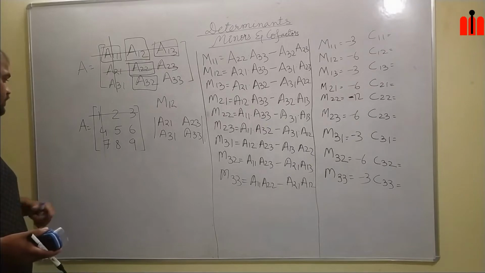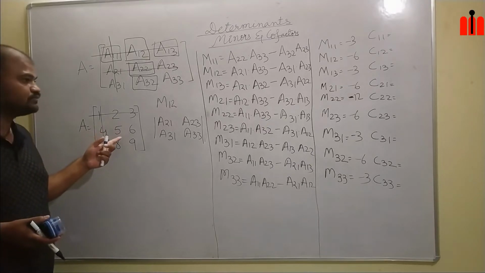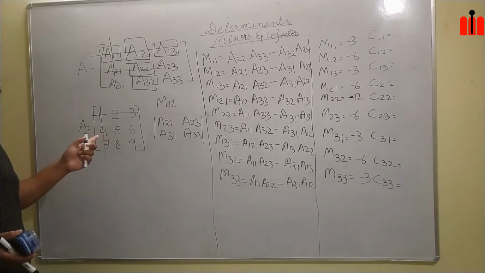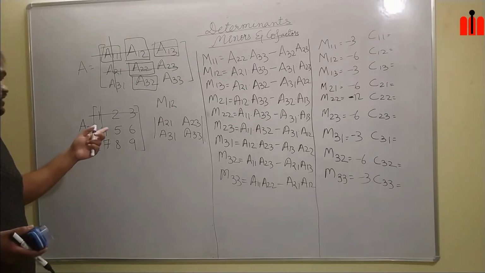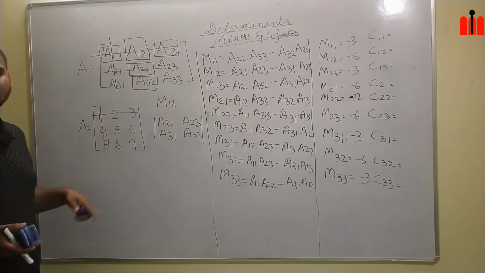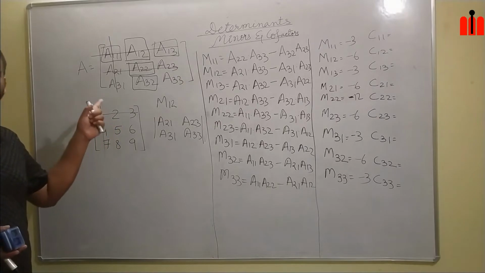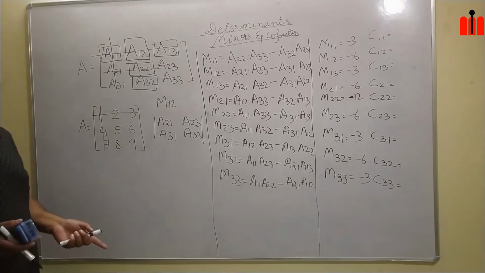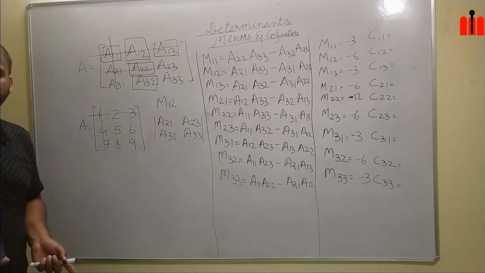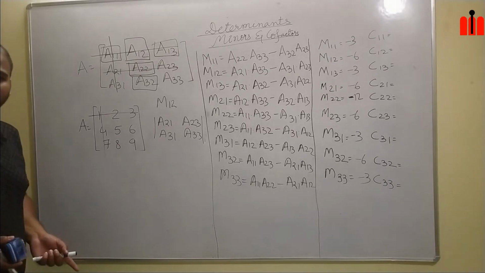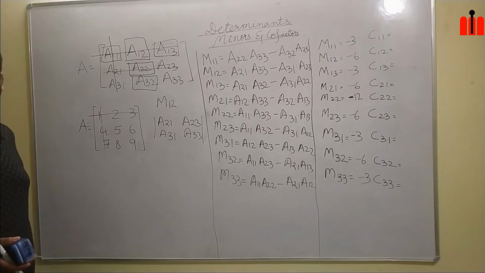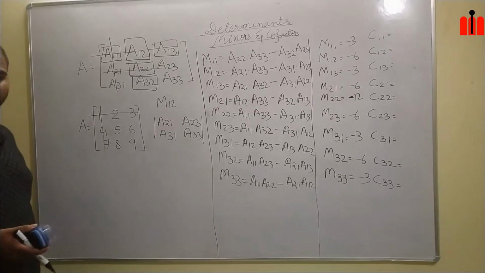Now M23. M23 will be second row and third column. Right? So second row and third column means second row is struck off and third column is struck off. So 8 1s are 8 and 7 2s are 14. So 8 minus 14 is minus 6. Right? Now M31.